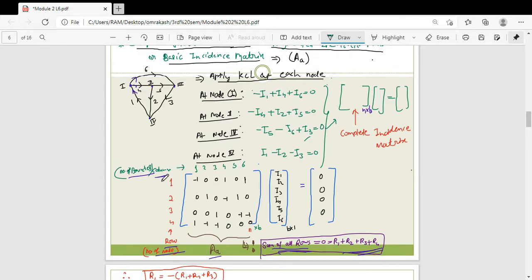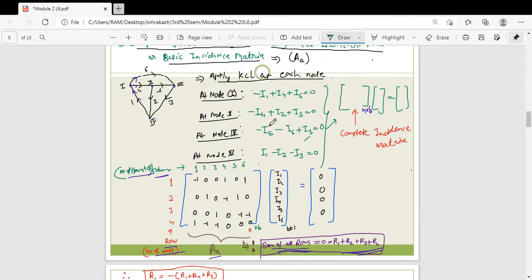Now see, the columns represent your number of branches and the rows represent your number of nodes. So how many branches here? Total 6 branches, right? That's why 1 2 3 4 5 6. How many rows? How many nodes here? 4 nodes. That's why 1 2 3 4. And similarly 6 branches, that's why current up to I6.